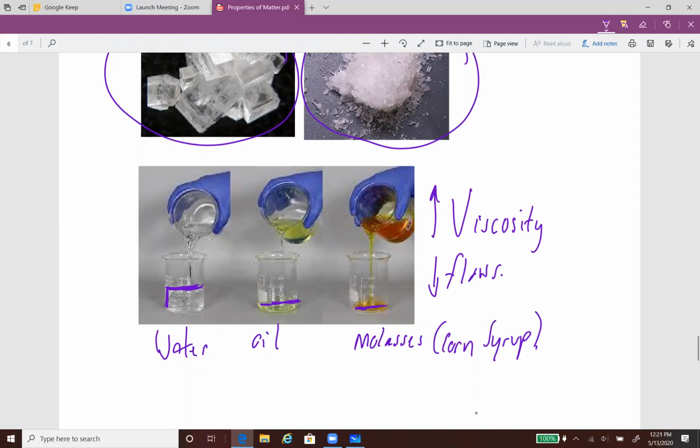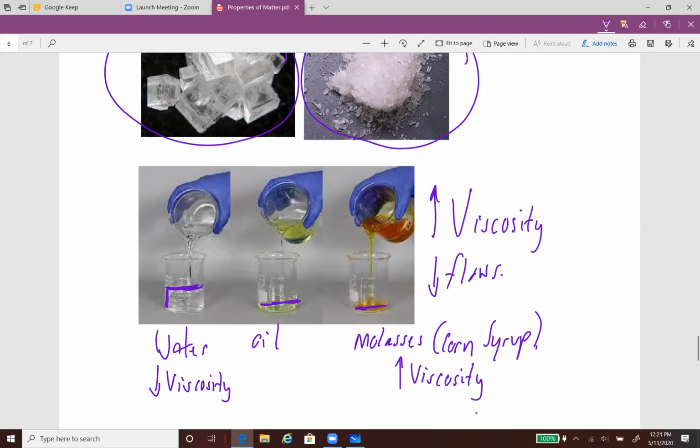This tells you that there's a higher flow rate in the water and a very low flow rate in the corn syrup. So we would say then the corn syrup has high viscosity and the water has very low viscosity.